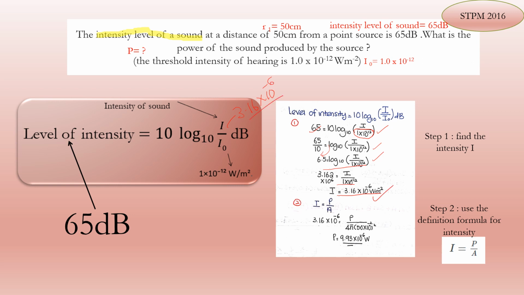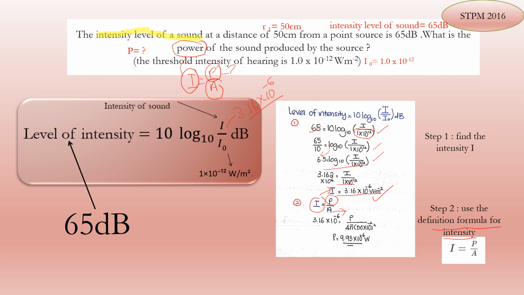So my step 2 is to use the definition formula for intensity, because what they want is the power, and we know intensity is power over area. I already got my intensity from step 1. I know my area, correct? Now I need to find my power. So step 2, intensity is power over area.